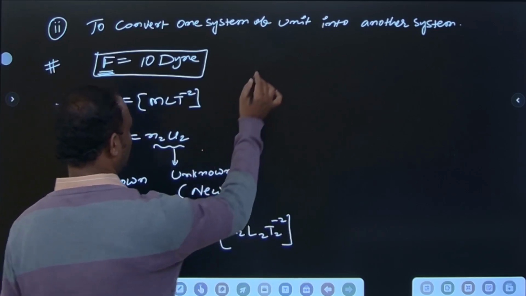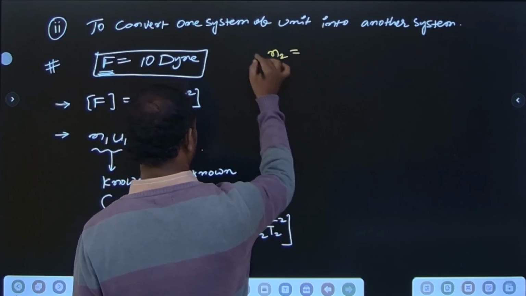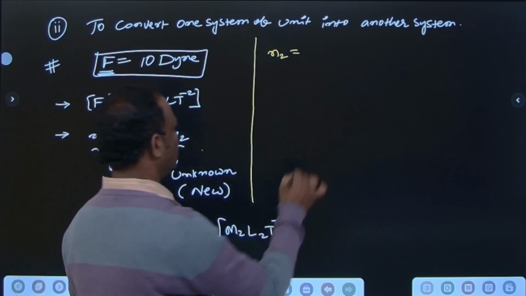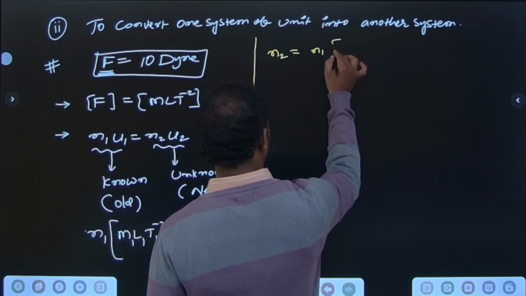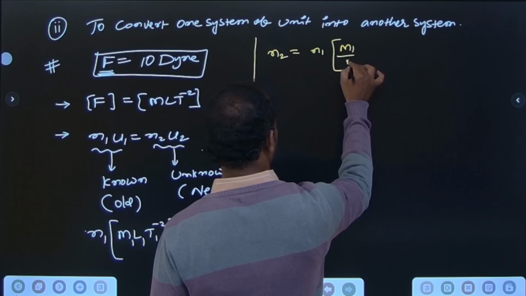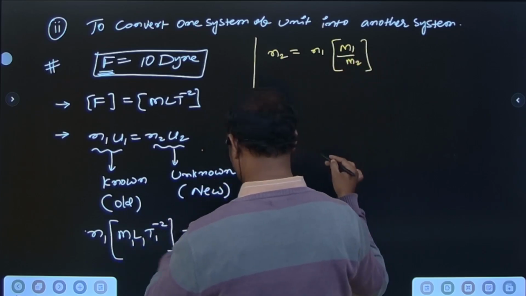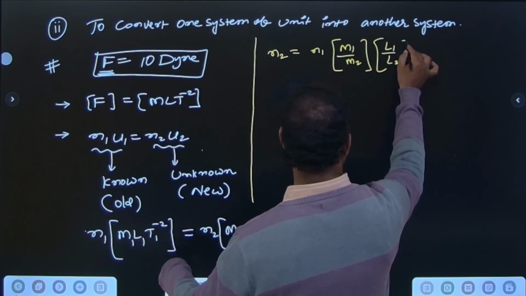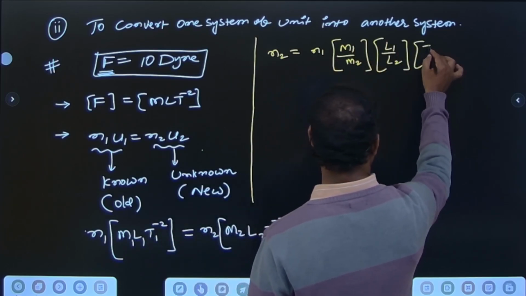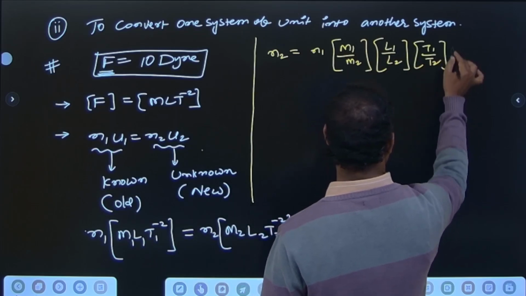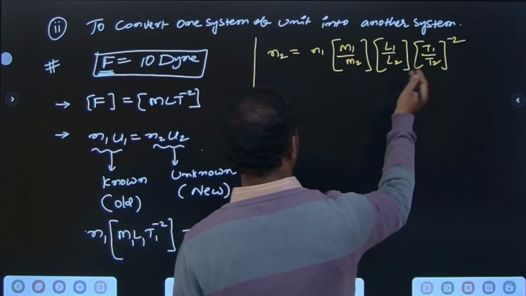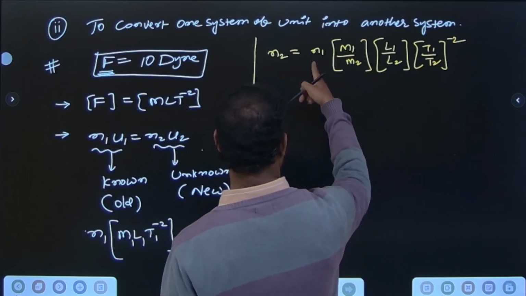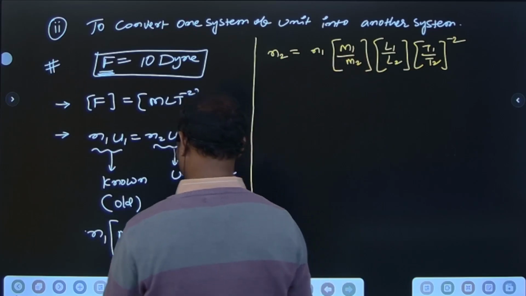So n2 is equal to this total term coming down: n1, next M1 by M2, next L1 by L2, next T1 by T2 to the power of minus 2. From the old system, for example, here n1 is there, mass, so this is in the old system.